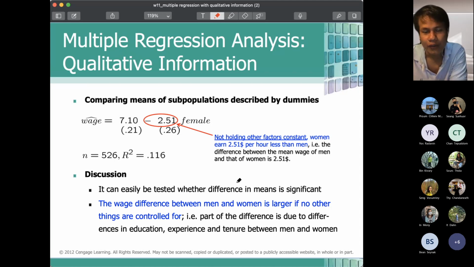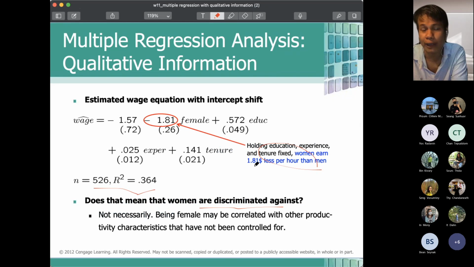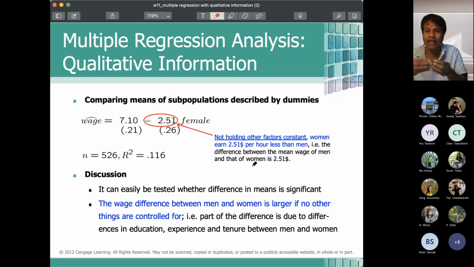Look at here, when you do not hold other factors constant, or when you do not control for other factors, women earn $1.5 per hour less than men. Originally it is only 1.8 if you control more variables, but if you do not control, the gap becomes wider and wider. So if you add more and more controlling variables, the gap becomes smaller, smaller, and smaller.